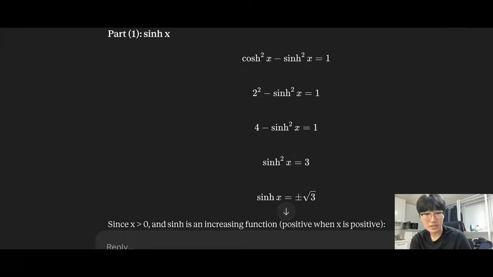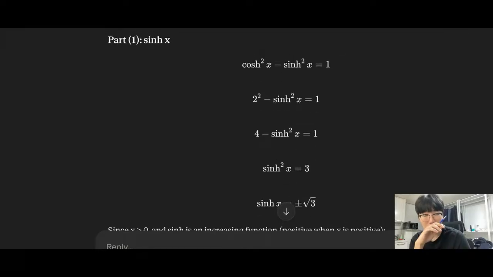Part 1, sine hyperbola x. Cosh squared x minus sinh squared x equals 1. So cosine hyperbola is 2.